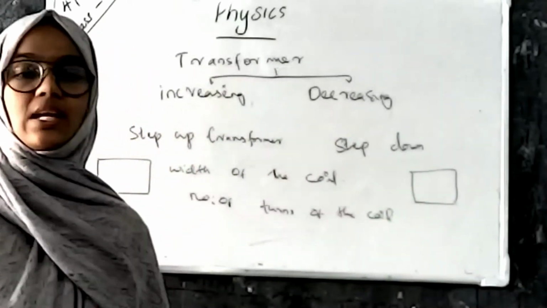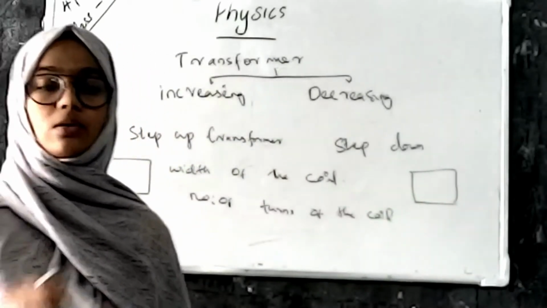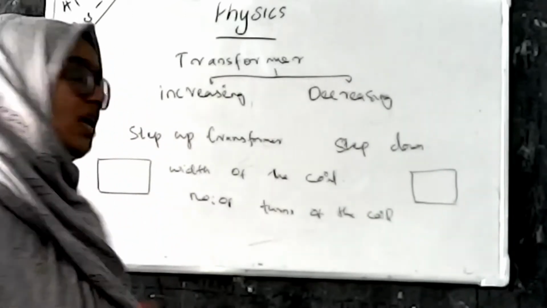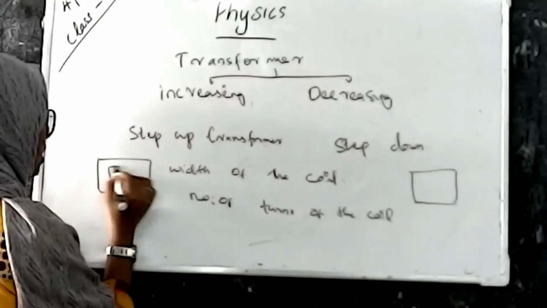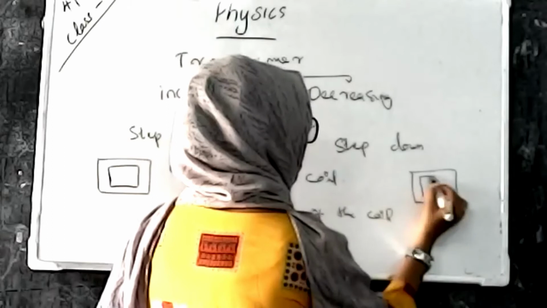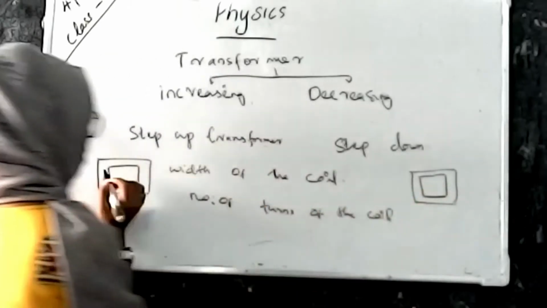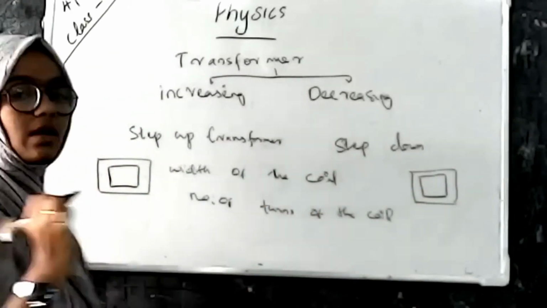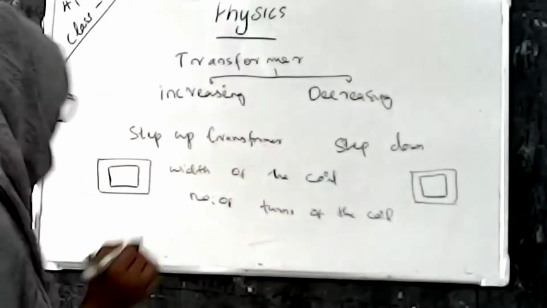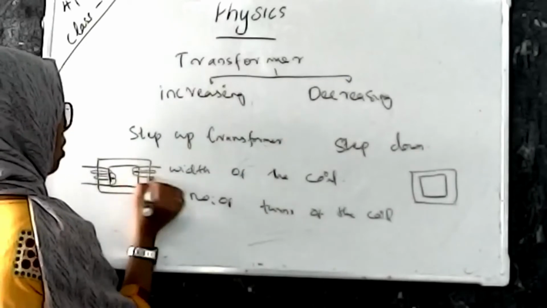The number of turns in the coils of each one is different, and each of them has two coils. On both sides, a transformer has coils. And in the first one, there are some coils.